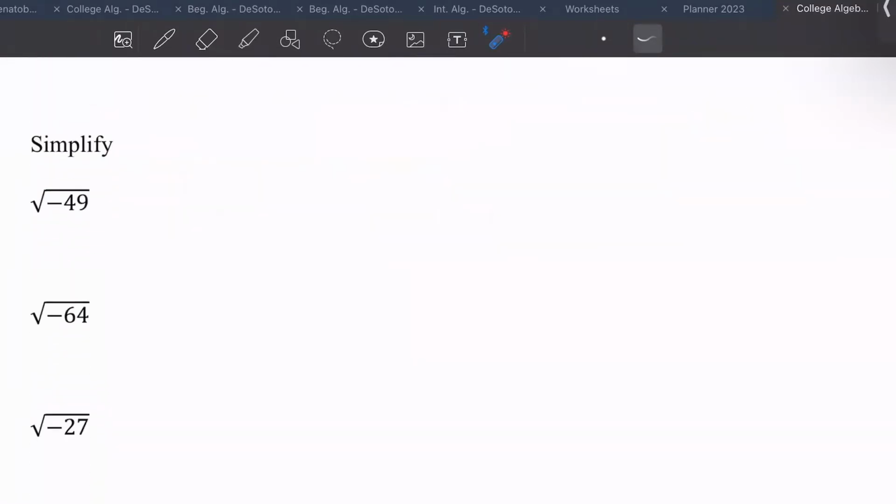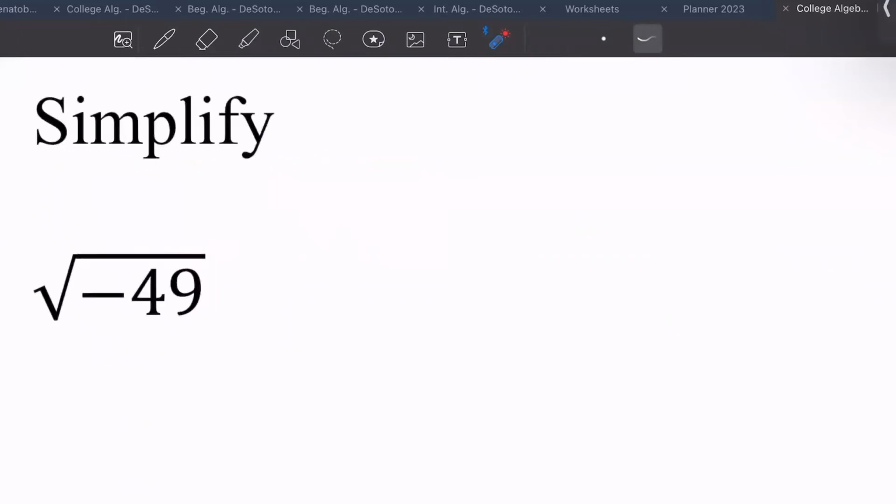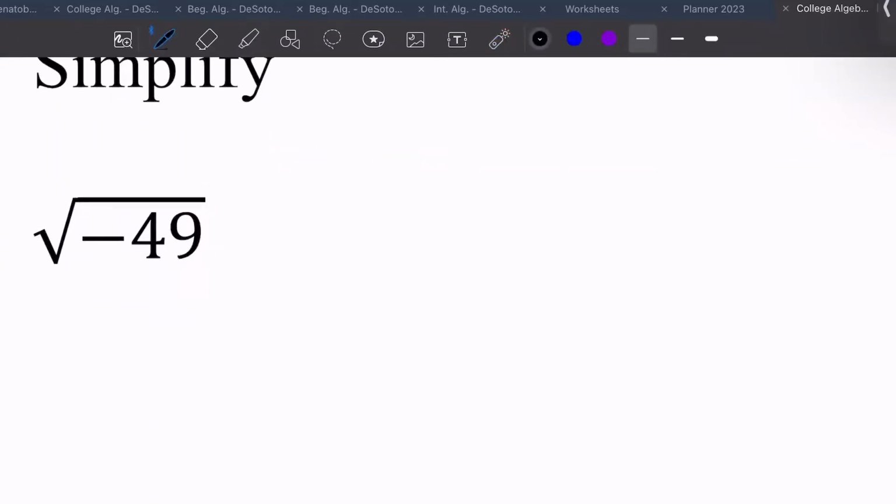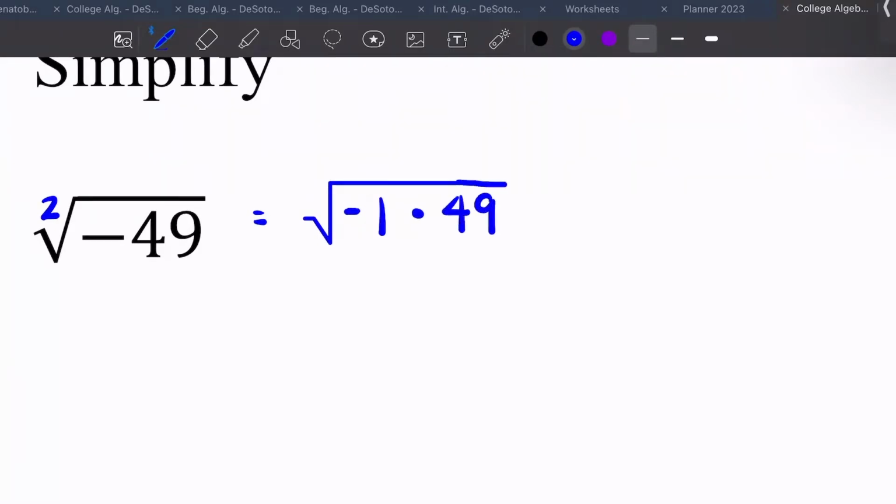Okay, so let's just work with these for a second. This is even, it's a 2. We can write this as the square root of -1 times 49. Okay, and we know that the square root of -1 is i, and we know that the square root of positive 49 is 7.